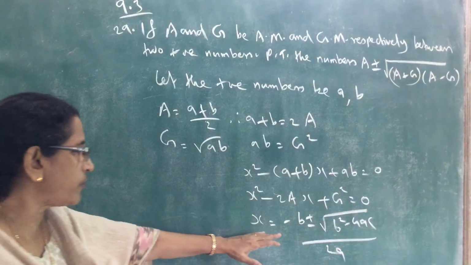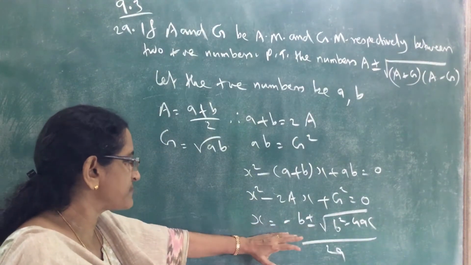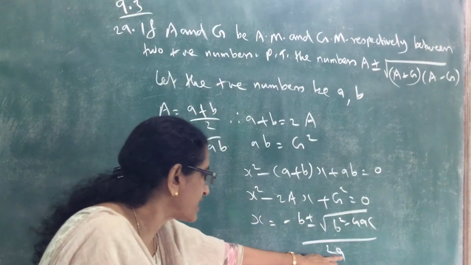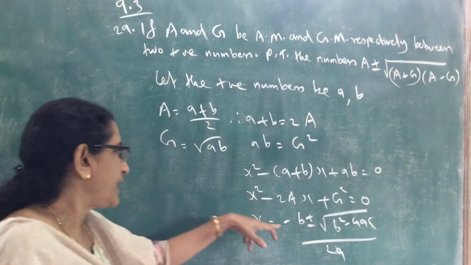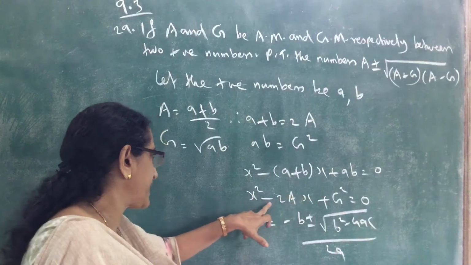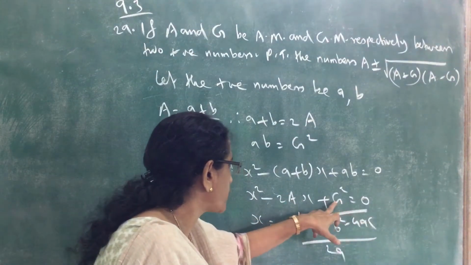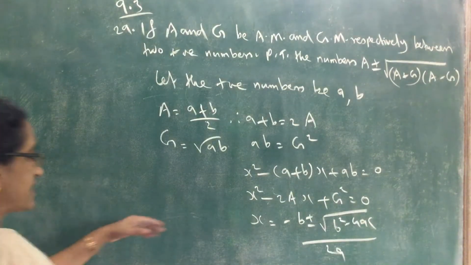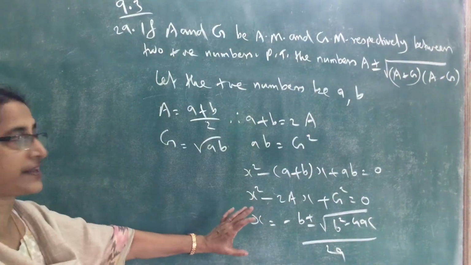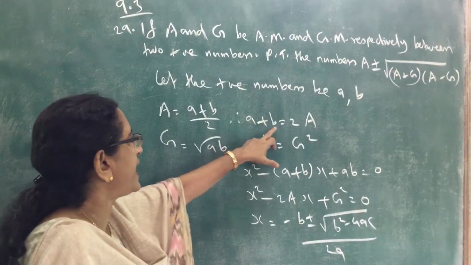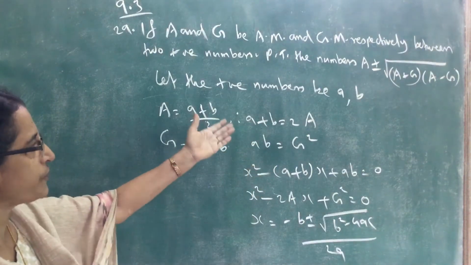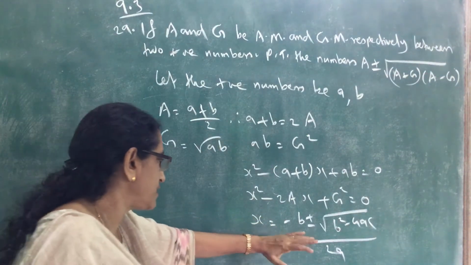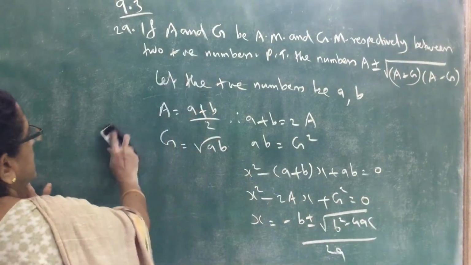Here a is the coefficient of x square, b is the coefficient of x, and c is the constant term. Solving this, we get a and b.